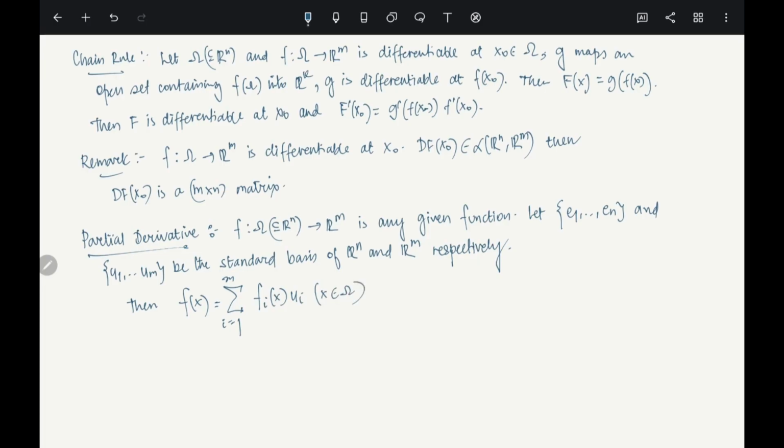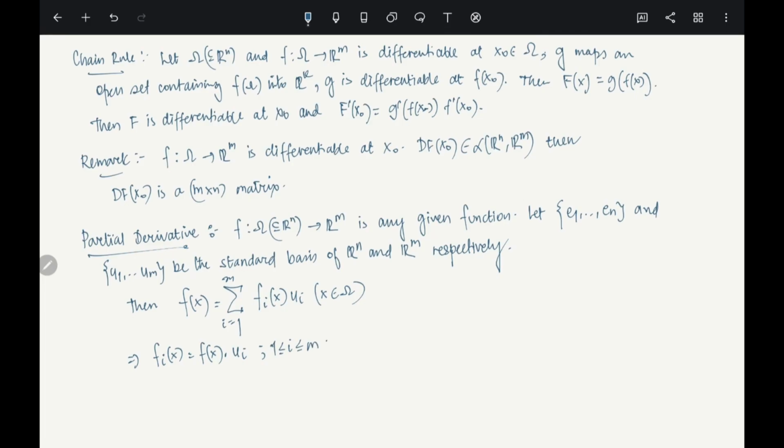So it can be written as a linear combination of u1, u2, up to um, and those coefficients, of course, depend on x, so I am writing it as f_i of x. Therefore f_i of x is nothing but f of x dot product with u_i. That is how you calculate what f_i of x is, right? And this holds for all i between 1 and m.